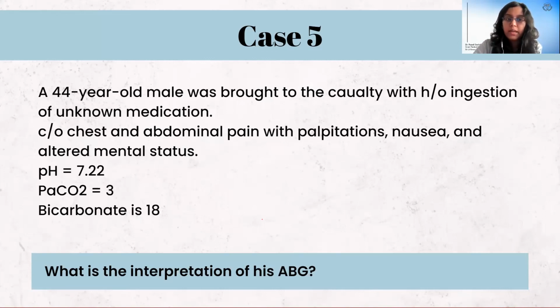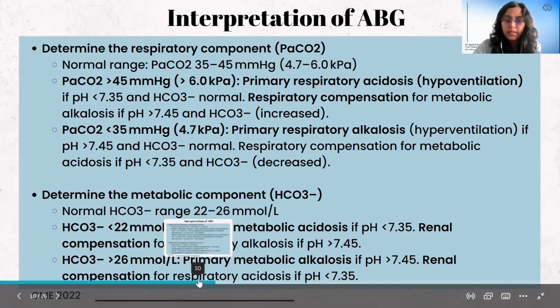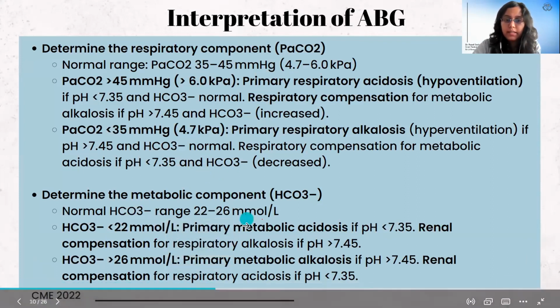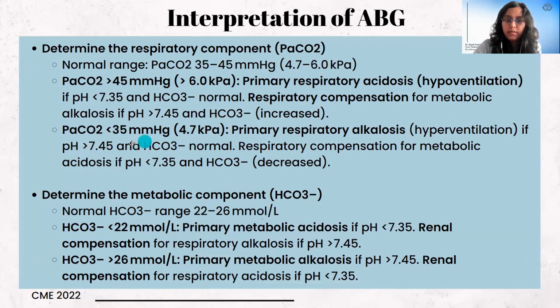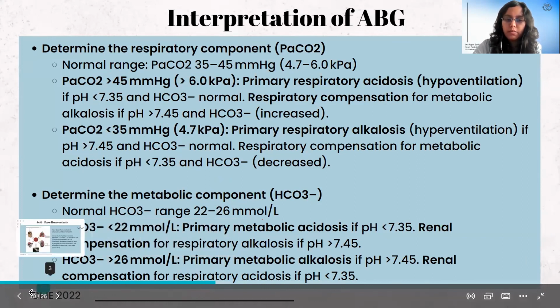Here the pH is not compensated, but the CO2 is low. I'll go back to that slide if you want to see. PCO2 and bicarb are decreased. pH is less. You have clear cut acidosis. That much you can establish. Your first step is done.